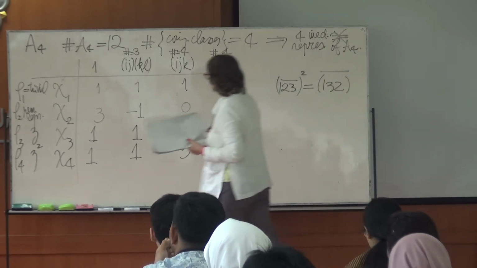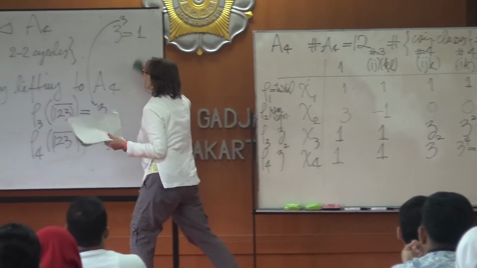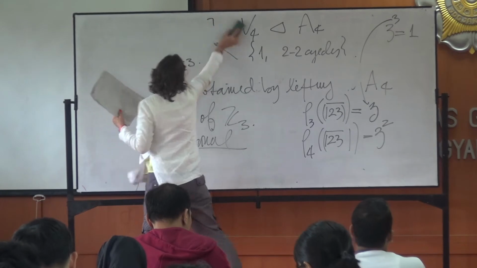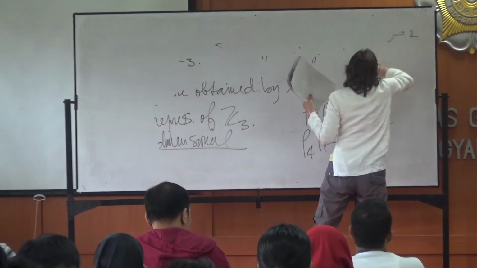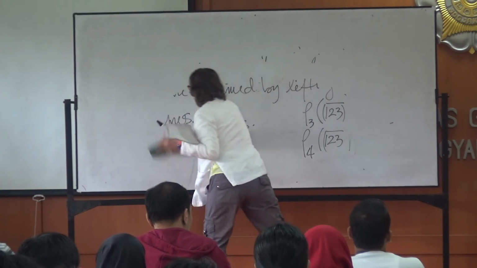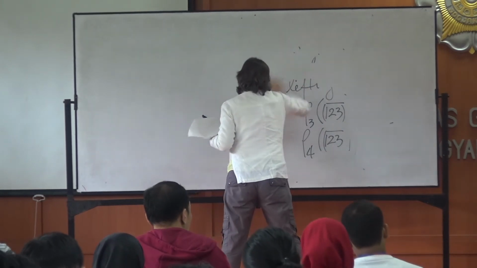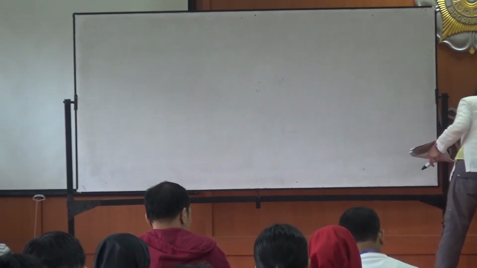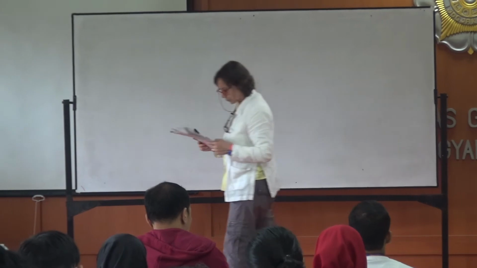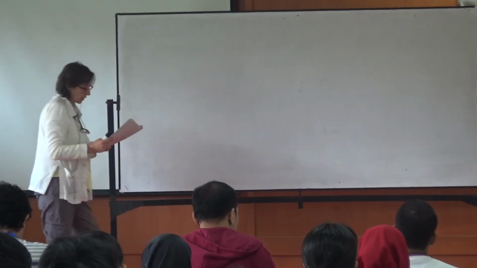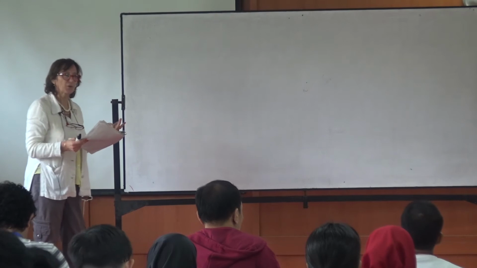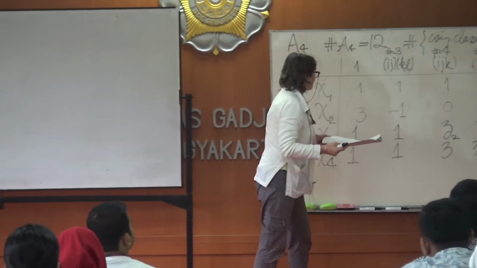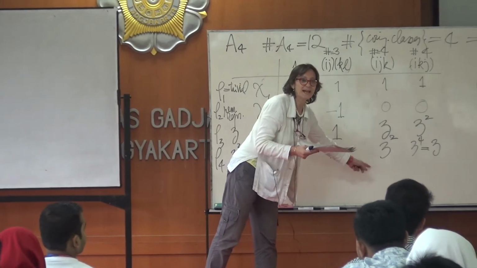Maybe we should check a few of the relations. For example, what do we want to check? We want to check that rho 3 and rho 4 are non-equivalent. Well, we can look at rho 3 and rho 4, they differ at least at one element.